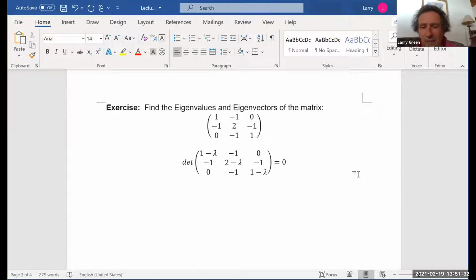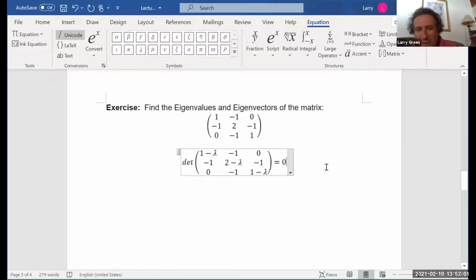Hopefully you all got that for the first step. Determinant of: you take the A and then subtract lambda I, which means subtract lambda from each of the diagonal entries. Take the determinant, set it equal to 0. As you're working, maybe I'll do some more steps.